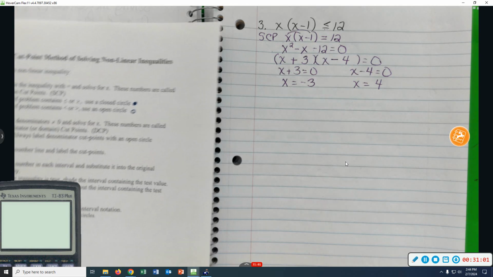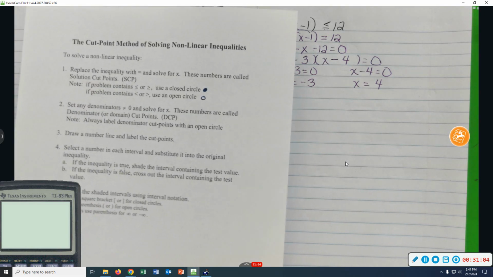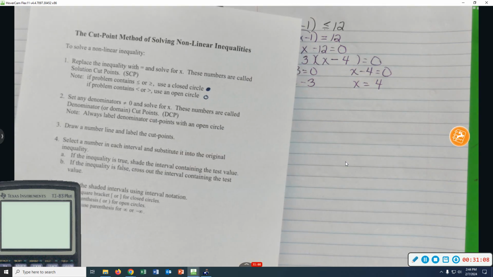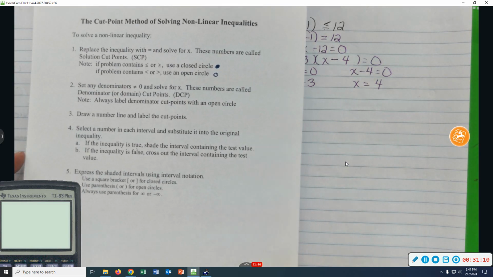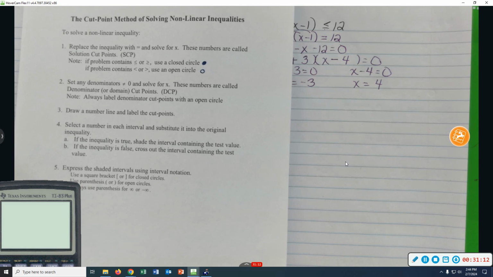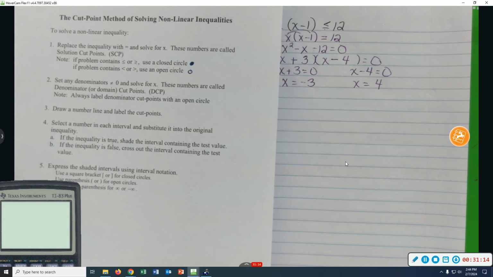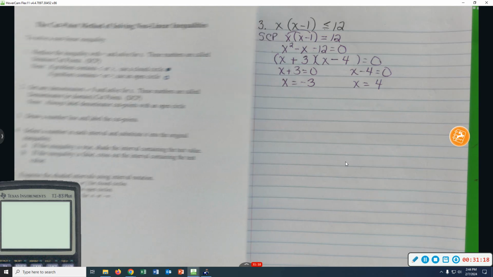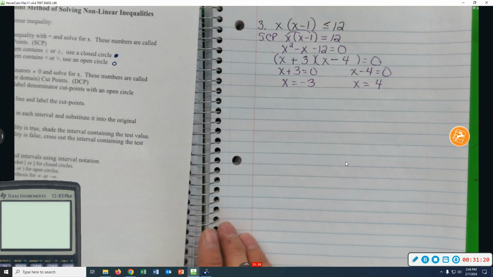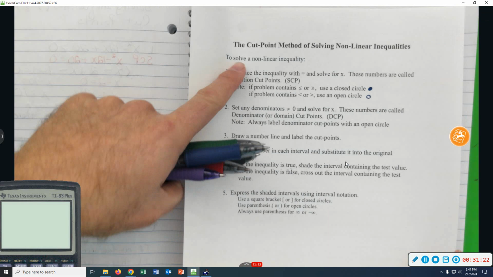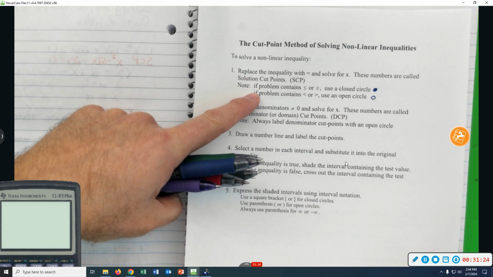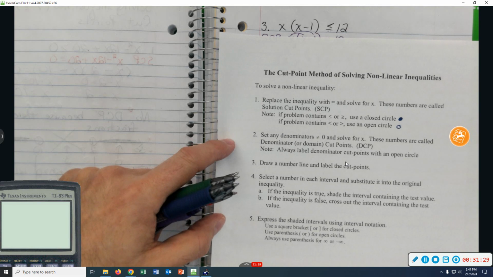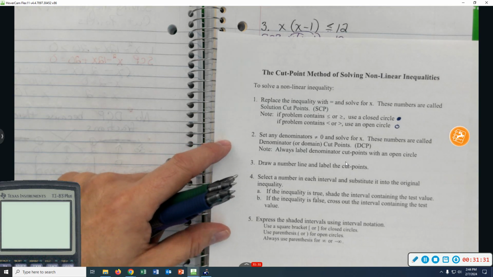If you have these steps memorized, great. But if you don't, and I'm assuming you don't, you want to be looking at the sequence of steps. I remember one time a student asked, how do you do why? No, not why. How do you know to do that? I was like, read the steps. Just like, how do I know what the symbol's going to be, open or closed circle? For the solution cut points, reading the note, and y'all tell me what am I going to put there, open or closed circles at those numbers?